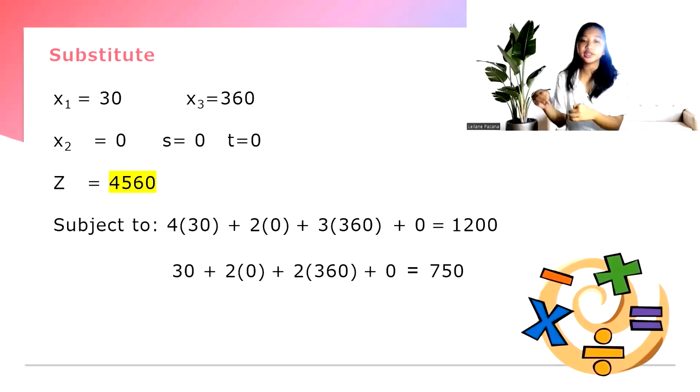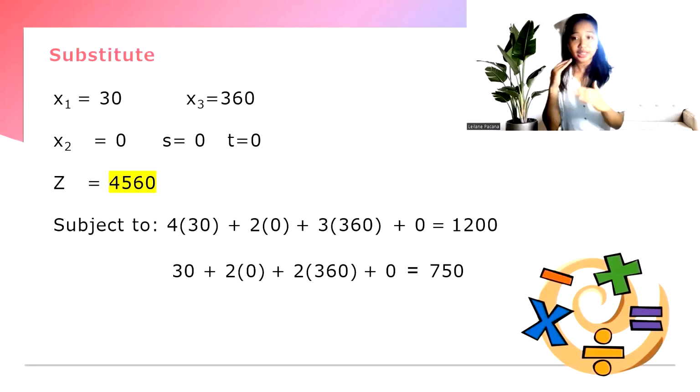So 4 times 30, that is x sub 1, plus 2 times 0, because we don't have x sub 2, plus 3 times 360, because our x sub 3 is 360, plus 0, because we don't have the first slack variable. As you can do the math, that is equal to 1,200. Now the second constraint, we have to substitute it.